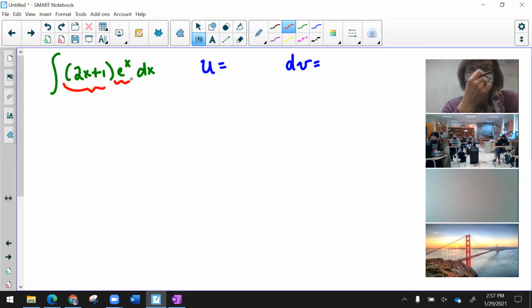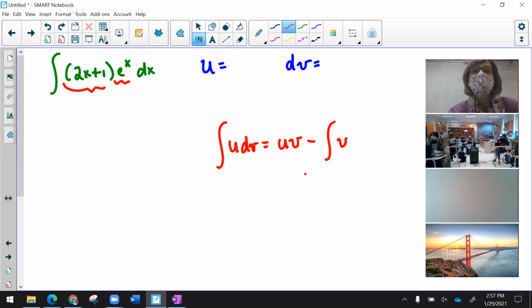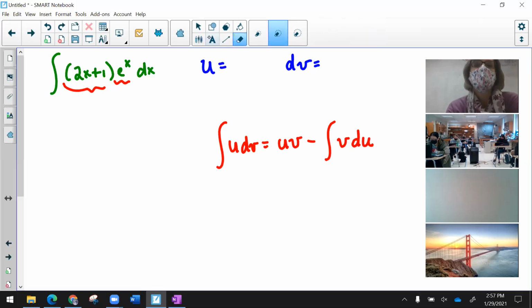So remember, first of all, you're trying to simplify things. And if you remember the formula, let's write it down: the integral of u dv is going to be equal to uv minus the integral of v du.